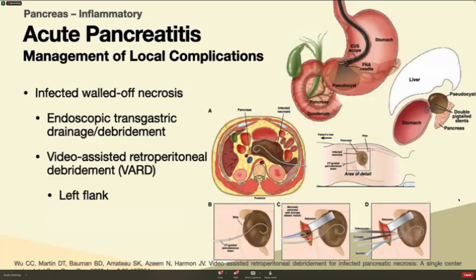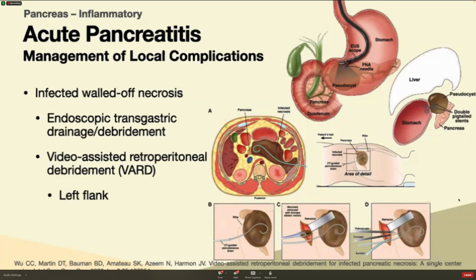For walled-off necrosis, these are some of the options: endoscopic transgastric or transmural drainage or debridement, and video-assisted retroperitoneal debridement. So for the endoscopic transmural debridement, it is done by the endoscopist. So they use an endoscopic ultrasound to locate the cyst and do a transmural puncture of the stomach and put stents in.